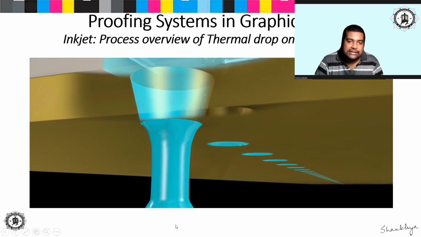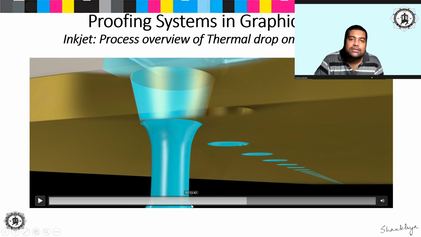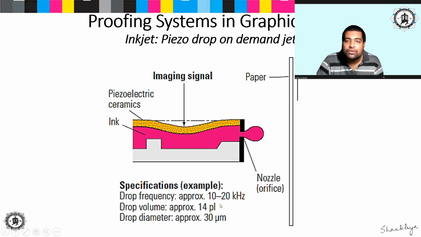Drop-on-demand inkjet printer, right? Now let us talk a little bit about the piezo crystal-based drop-on-demand technology. The concept here is that if a pressure is applied to a piezoelectric crystal, an electric voltage will be produced. If an electric voltage is applied to a piezoelectric crystal, it will suffer a mechanical deformation, as I already told you earlier also.